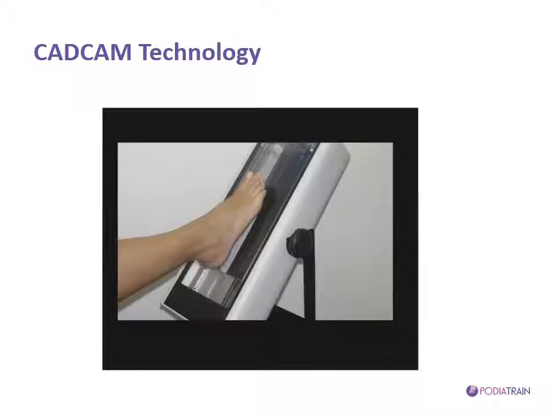Basically, like the techniques we use to manufacture orthoses in the traditional way, a CAD/CAM system will need a way of casting, a way of capturing the plantar aspect of the foot. And for this purpose, normally a scanner is used.